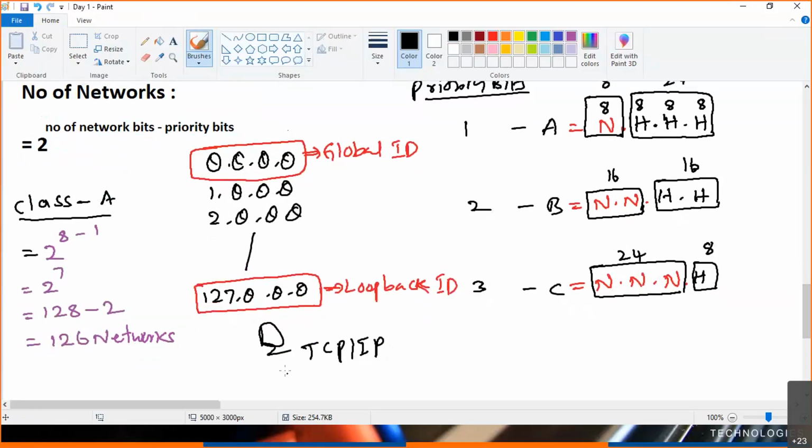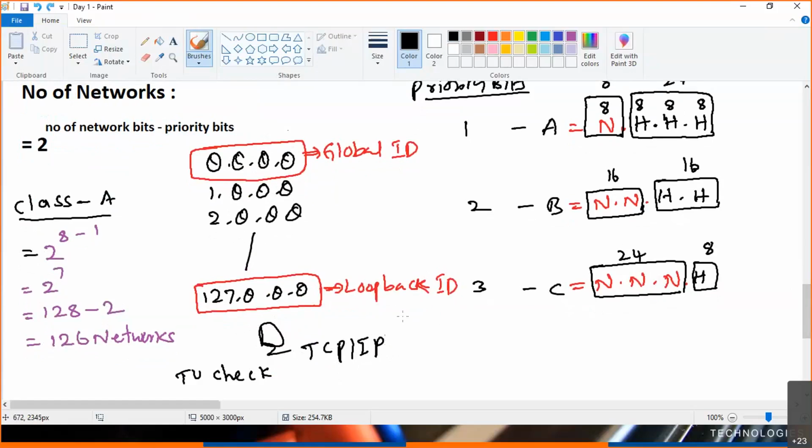Is the TCP/IP stack working in your computer or not? To check the TCP/IP stack, we have the loopback ID.